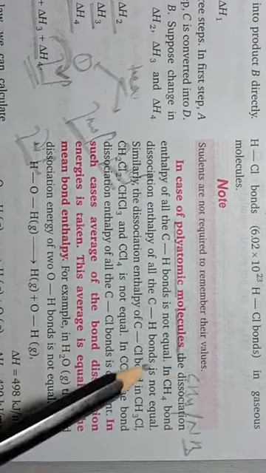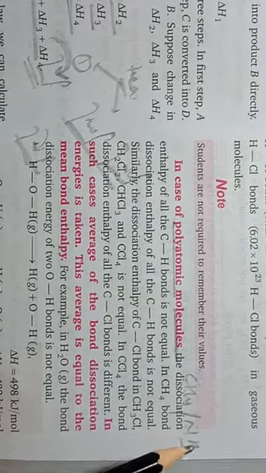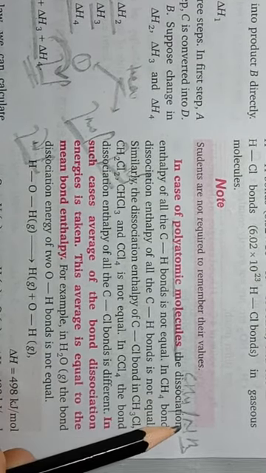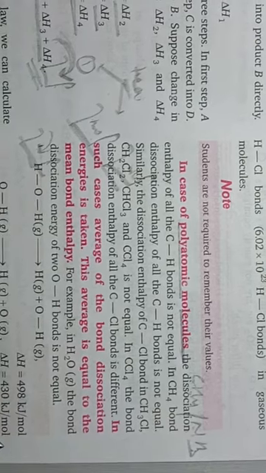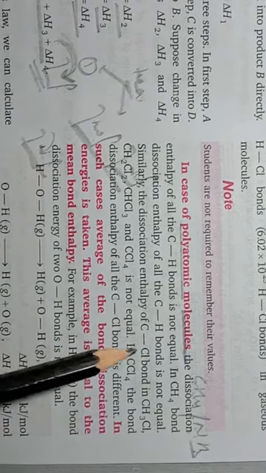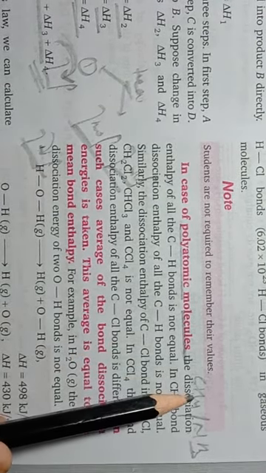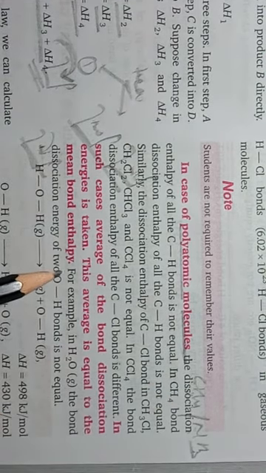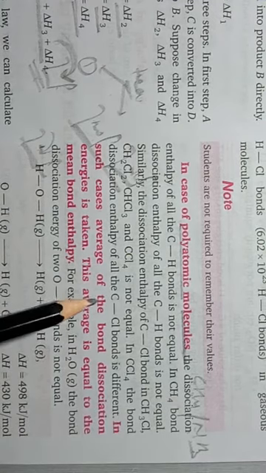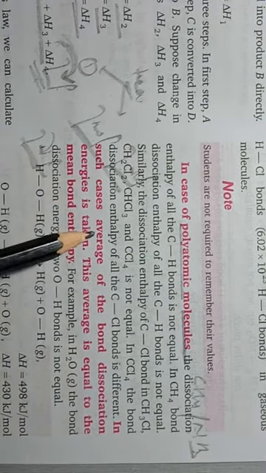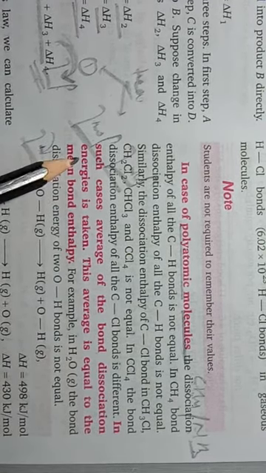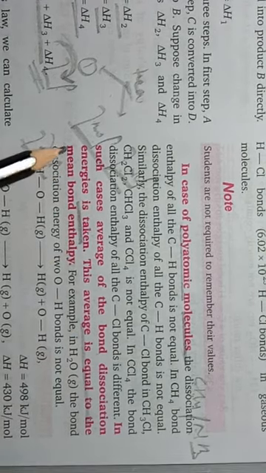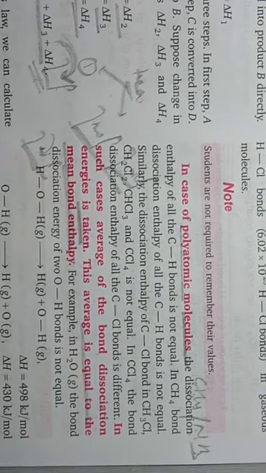So in such polyatomic molecules, all the bonds are not carrying a similar amount of energy. That is why we will consider their mean bond enthalpy. So for such compounds, the average of the bond dissociation energies is taken and this average is equal to the mean bond enthalpy.